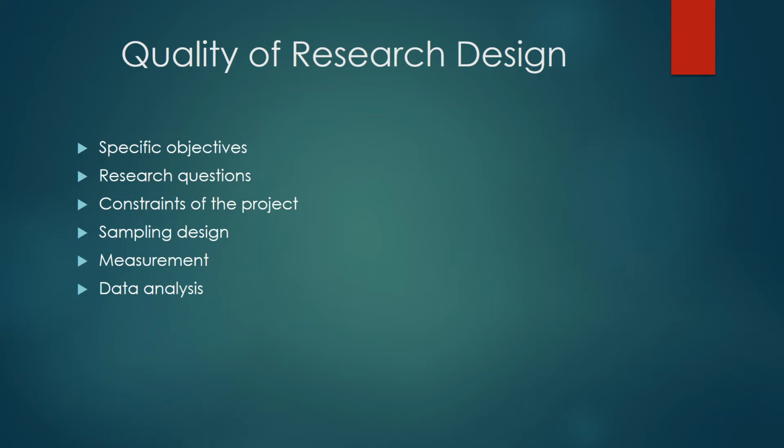So these are the components that define the quality of research design. And each component of the research design offers several critical choice points. Obviously, there is no single design that is superior to another, and we have to make our choice wisely.